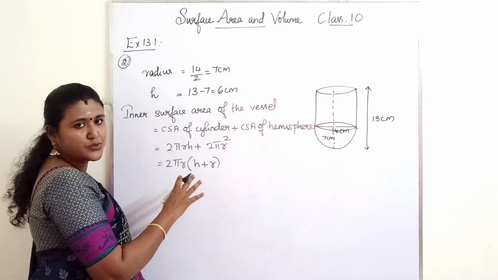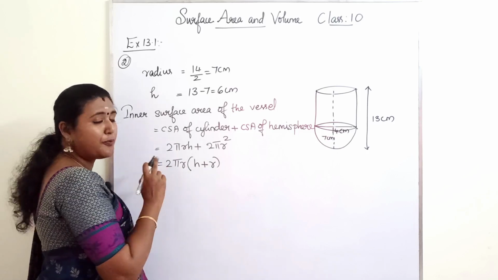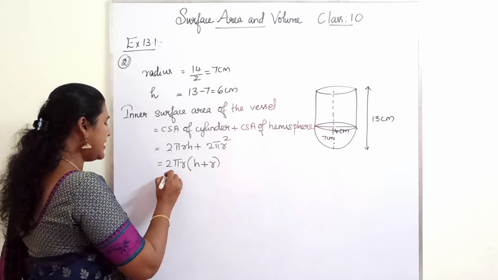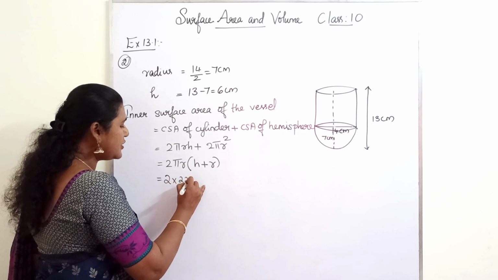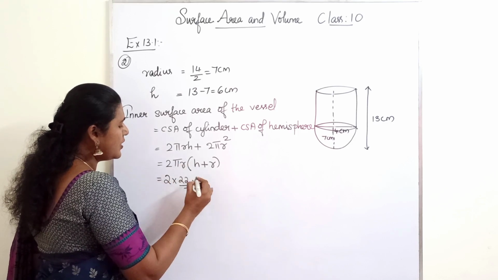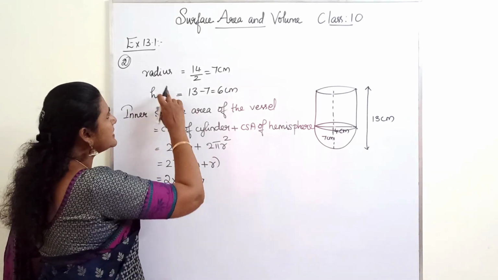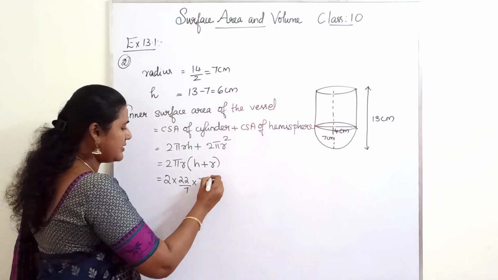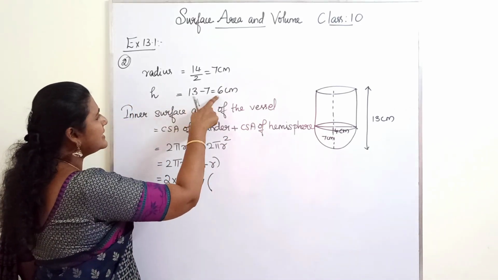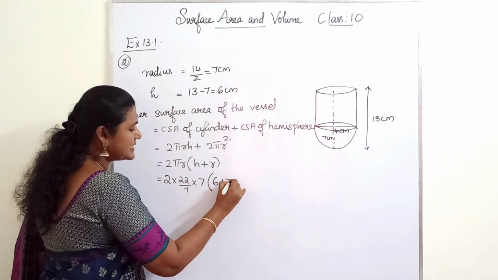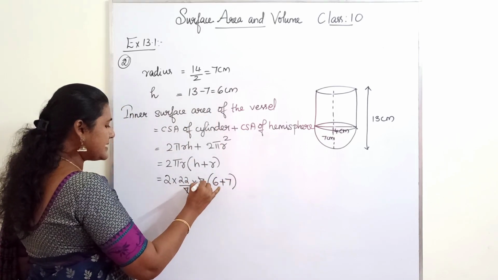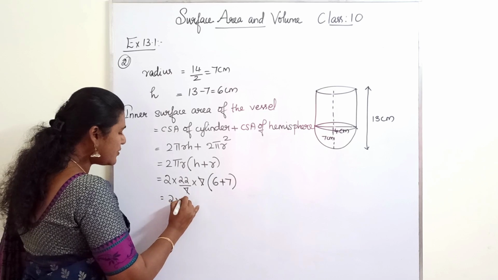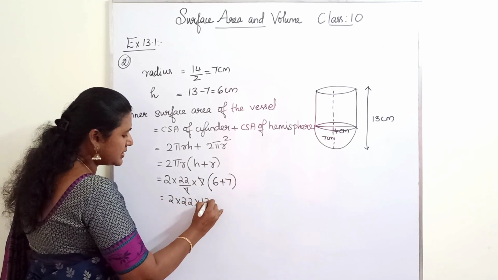Now we will substitute the values, and the value of pi is given as 22 by 7. So 2 into 22 by 7 into r is 7. Radius of the cylinder and the hemisphere both are same only. So that is 7. Height of the cylinder is 6. So 6 plus 7. So we can cancel these two. So 2 into 22 into 13.